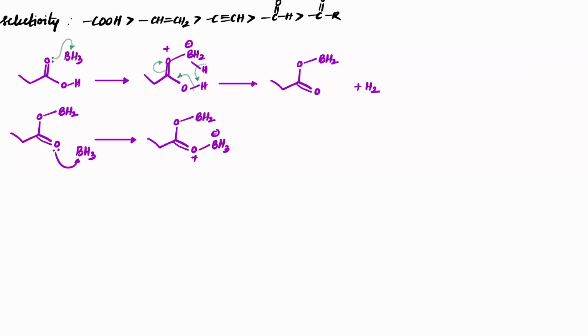And if you notice, this BH3 connect here will have BH2 with here bond like this. And what you can expect is that this H minus will attack here and this bond will go here. So that would make it to connect to formation of OBH2 and OBH2 with H getting added onto this position. Okay. And now the lone pair of this oxygen will try to connect back on the boron here.